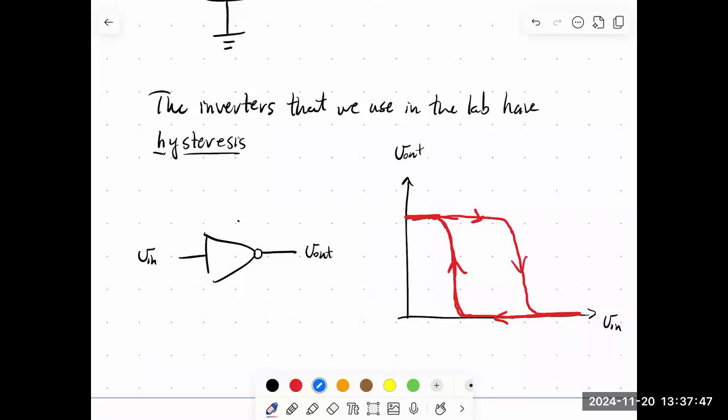So this transition where the output is going from low to high occurs at, say, V1. And this transition where the output goes from high to low occurs at V2. Okay. So with that, we should be able to analyze our little circuit.